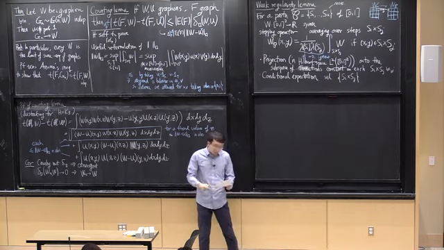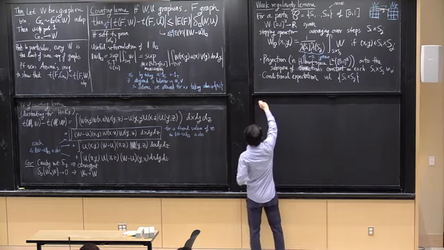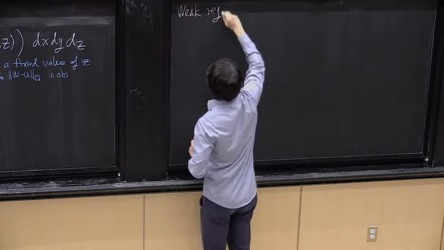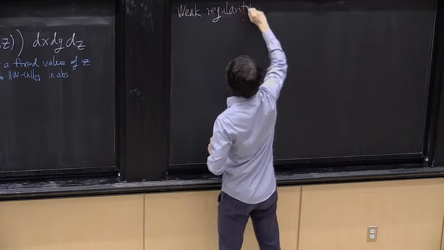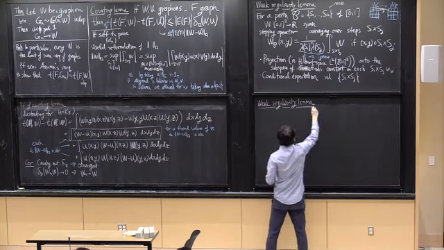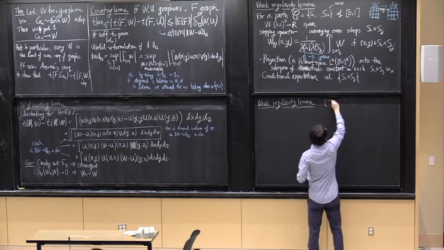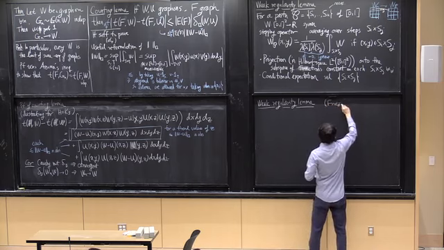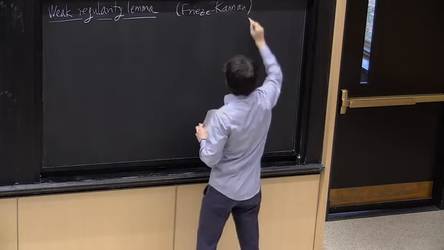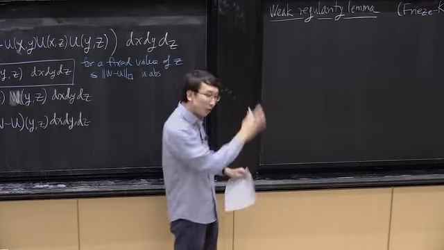So now let me state the weak regularity lemma. The weak regularity lemma is attributed to Frieze and Kannan. Although their work predates the language of graph functions, so it's stated in the language of graphs, but it's the same proof.